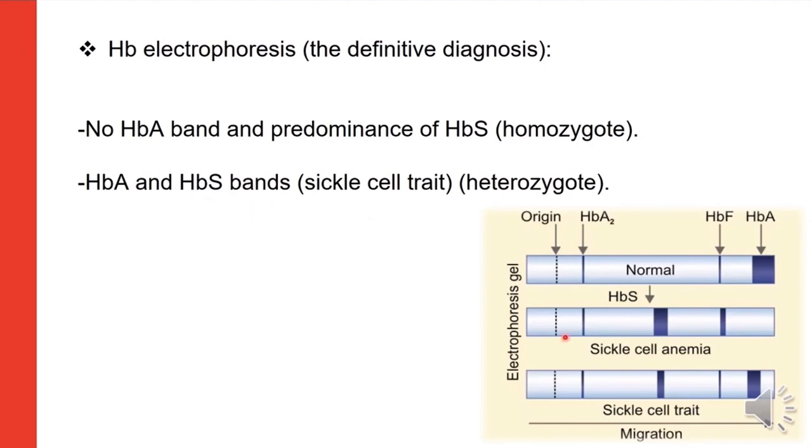So this is a normal person, who will have HbA, HbF, and HbA2, while a patient with sickle cell anemia will have no HbA, only HbF, HbS, and HbA2, while a patient with sickle cell trait will have HbA, HbF, HbS, and HbA2.